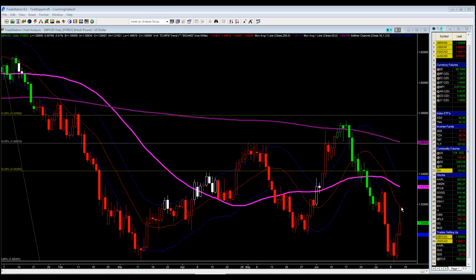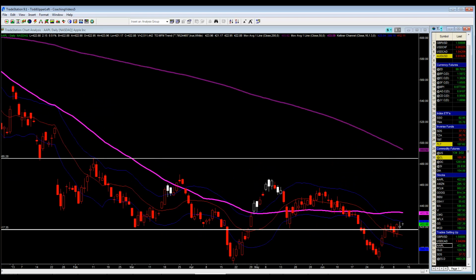It's bounced considerably. Apple, I've been having this on my watch list. I was waiting for some type of pattern in here. Did not get it. We're slowly moving higher, so we'll see what happens. And that's about it.